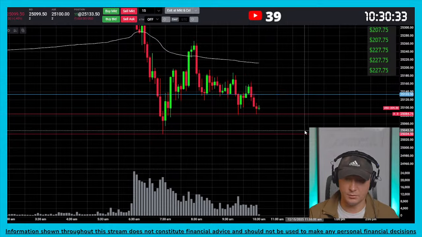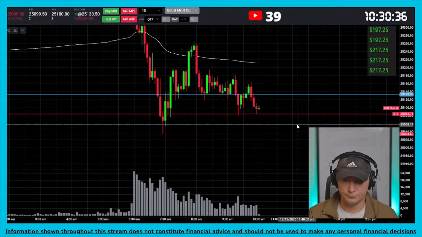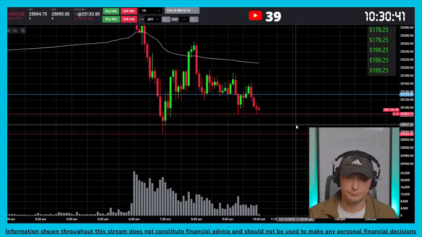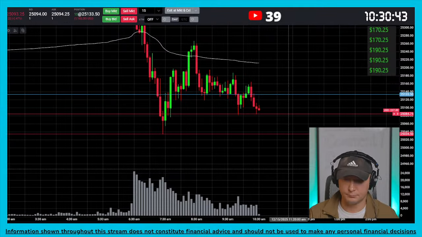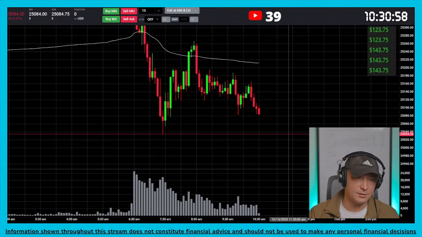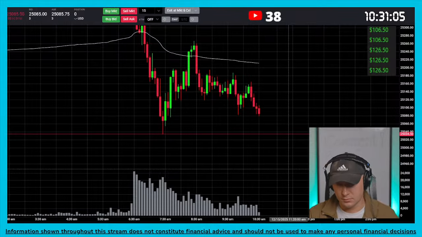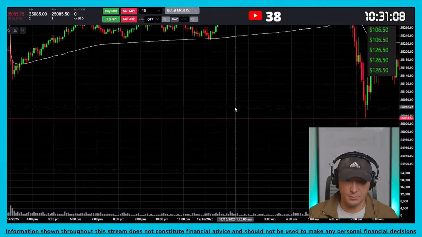New 5-minute candle as well. It could also go for the gap fill. That's a possibility. That would be about 130 more points to the downside.